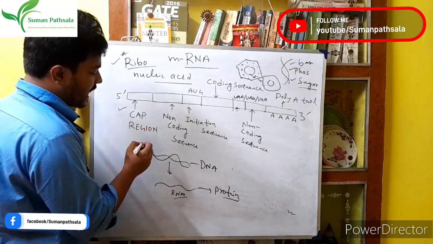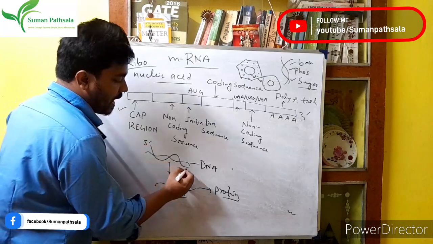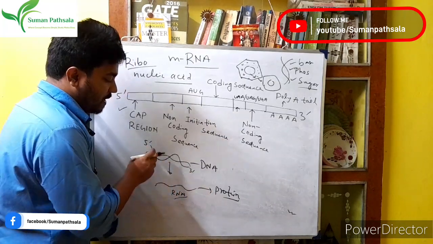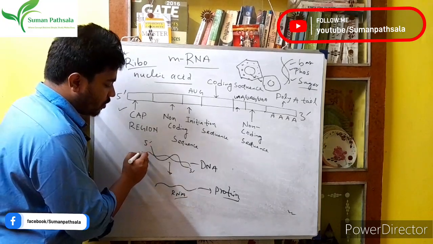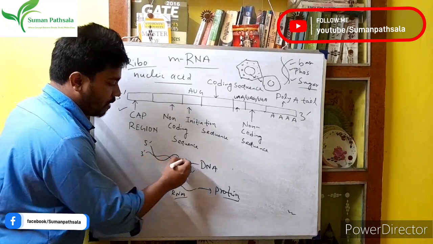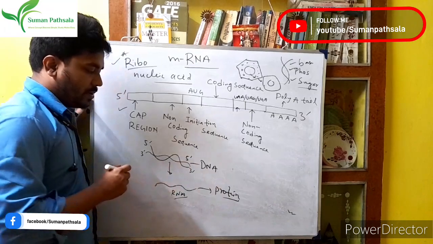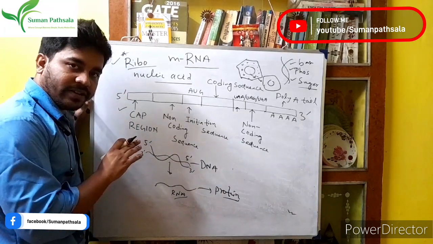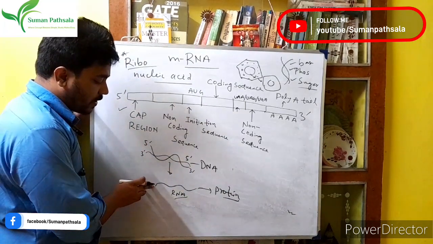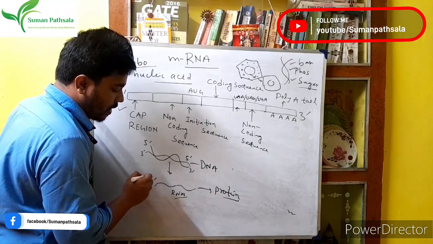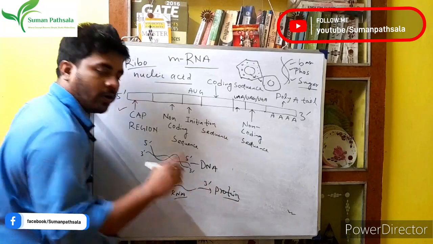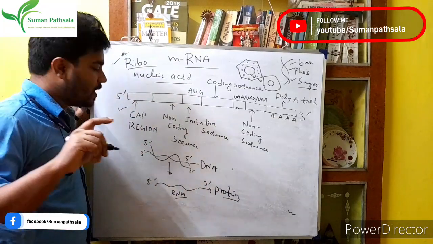We all know that DNA has a 5' region and a 3' region, and due to its double stranded nature, it also has the complementary sequence at the end, right? In the same line, because RNA is single strand, it has only one 5' and one 3'. Okay?